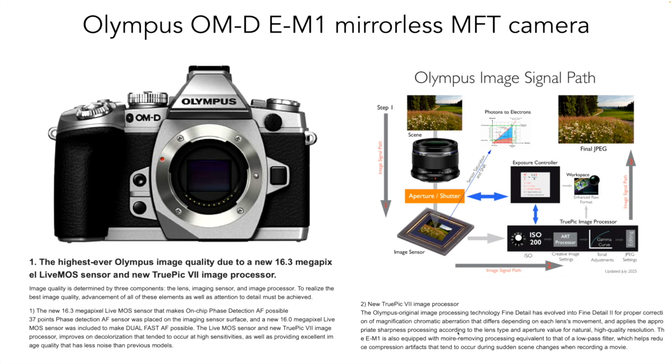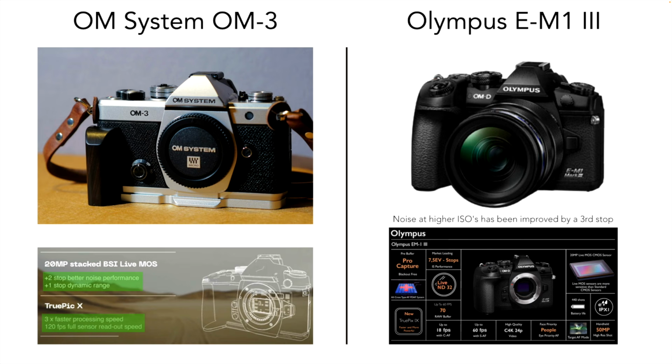So they give us a lot of information. No low pass filter, for example, replacing that with software. That happened, I think, from the EM1 onwards. There's a lot of information here telling us about this camera. And then the final 2 here that I want to highlight, the EM13.